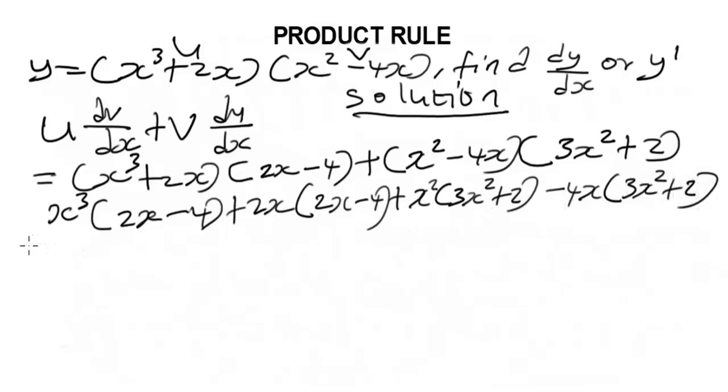Okay, so equal to, let's keep expanding, guys. Let's simplify this. x cubed times 2x, we're going to have 2x raised to the power 4. Okay, x cubed times minus 4, we're going to have minus 4x cubed.